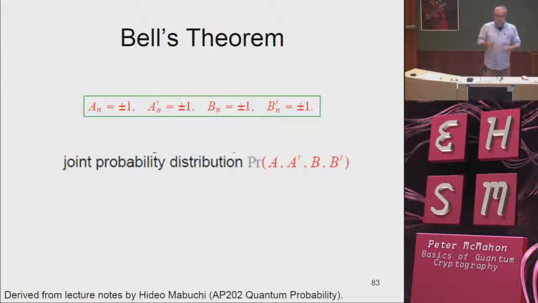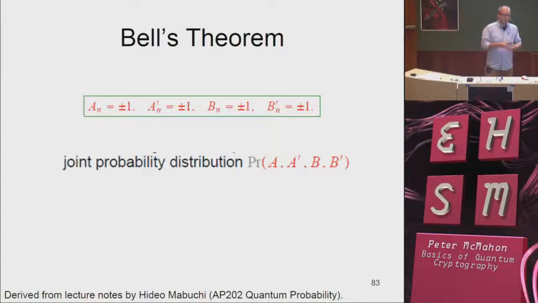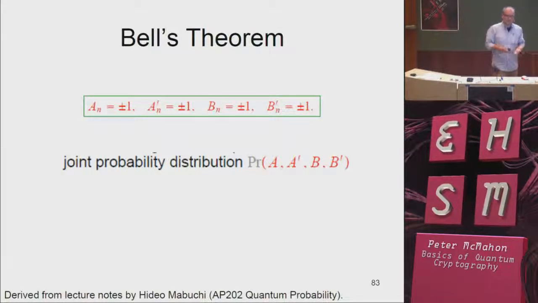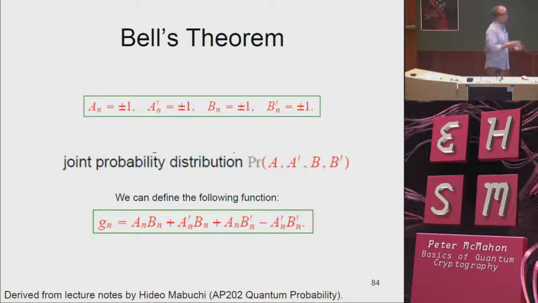According to the postulates of local determinism and objective reality, we can reasonably say that there exists some joint probability distribution on these four variables, and consequently we can define a function, which we will call g of n, that depends on these four random variables.